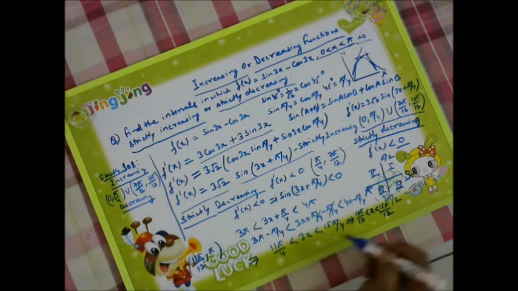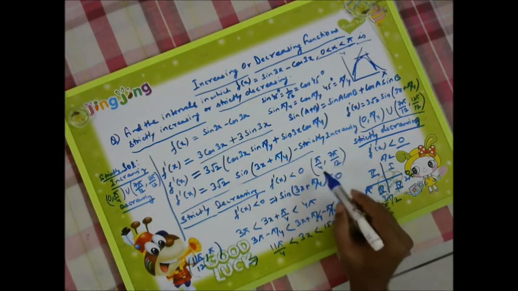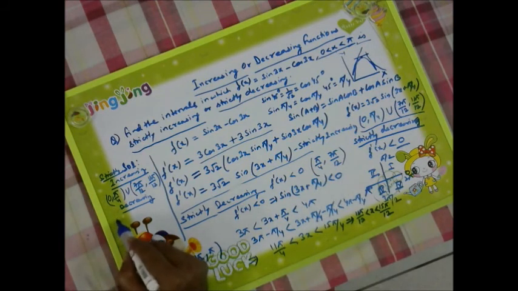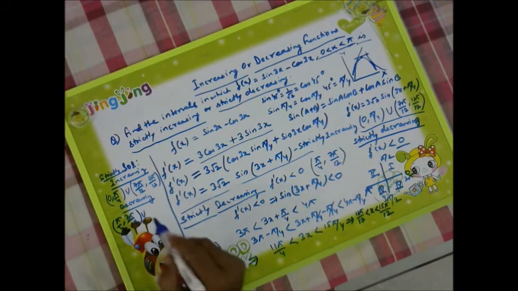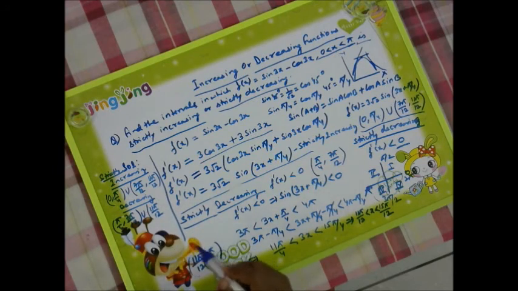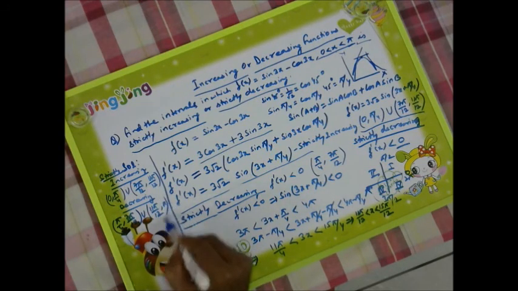So the strictly decreasing function is between pi by 4 and 7 pi by 12. Another interval is 11 pi by 12 to pi.